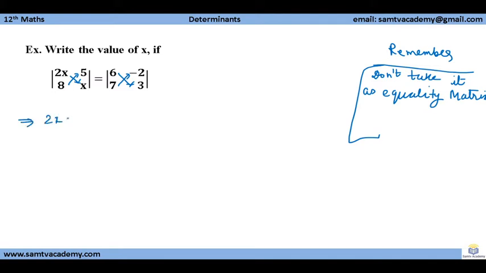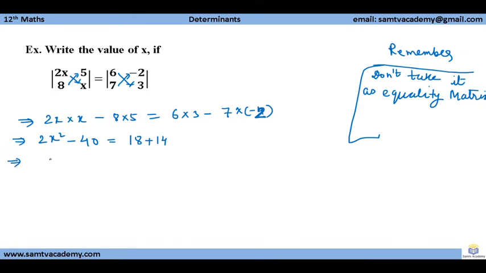This is 2x multiplied by x minus 8 into 5 equal to 6 into 3 minus 7 into minus 2, sorry, this is minus 2. Now if we solve this, we will get 2x square minus 40 is equals to 18 plus 14.